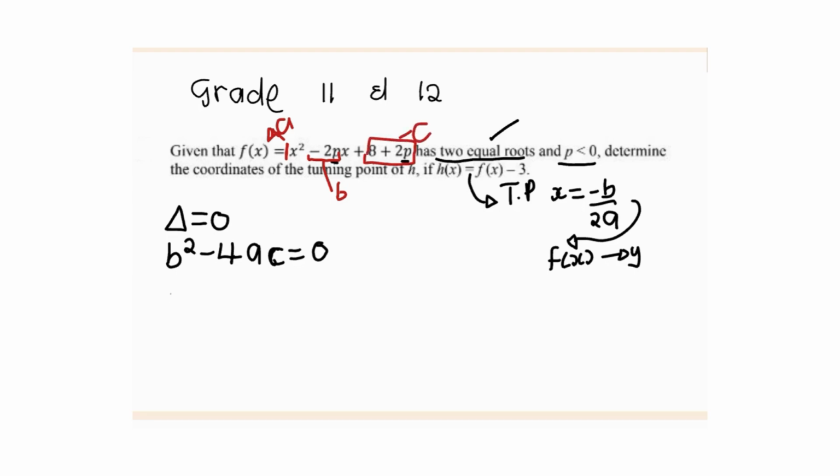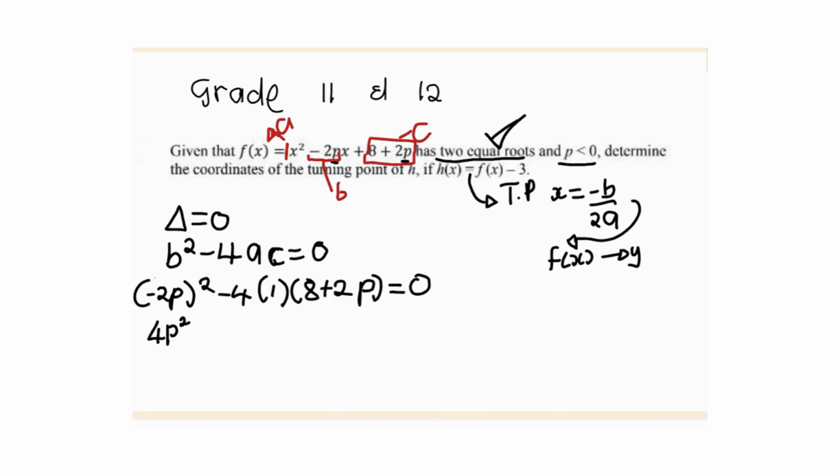So now our b is negative 2p, squared, minus 4. Our a is 1. Our c is 8 plus 2p, equals 0. So now we have managed to make use of two equal roots, meaning we are going to look for the value of p. Negative 2p squared is just positive 4p squared.